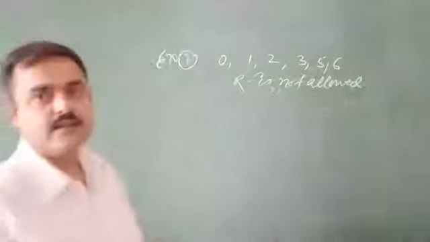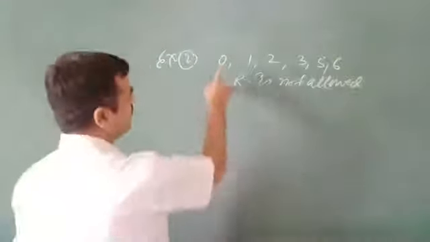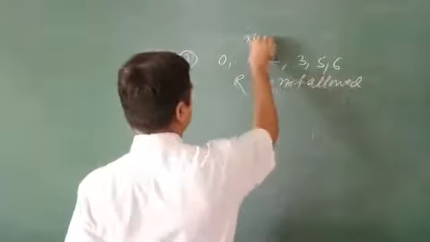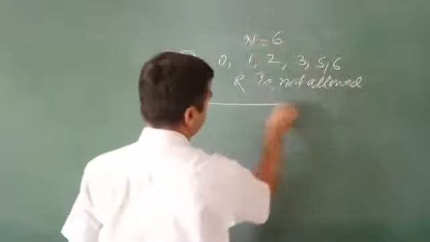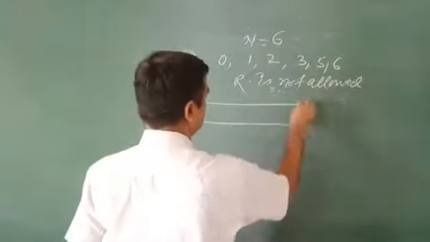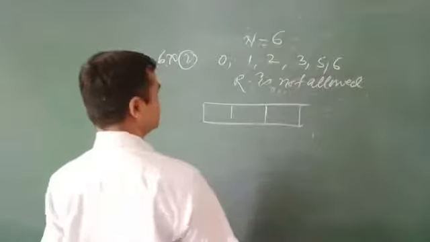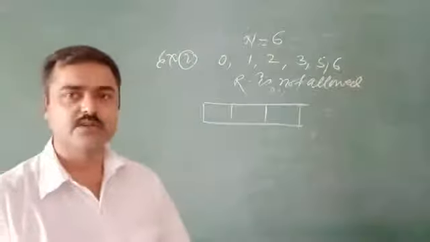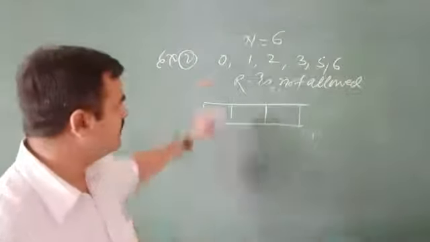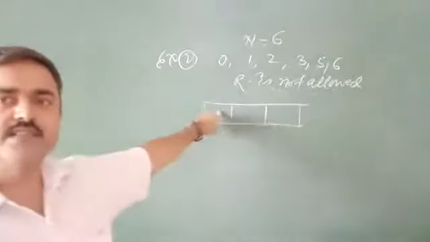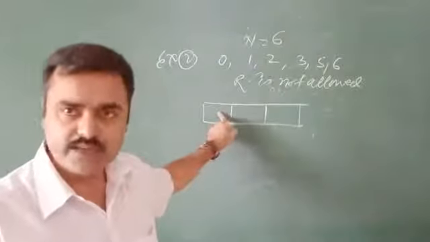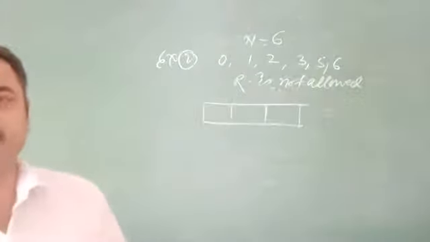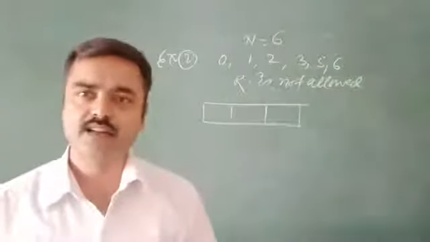Here, if you count 1, 2, 3, 4, 5, 6, the total digits are 6, and we have to find 3-digit numbers by using these digits. You know, 0 can never be placed at the first place, because if you place 0 at the first place, that will not form a 3-digit number.